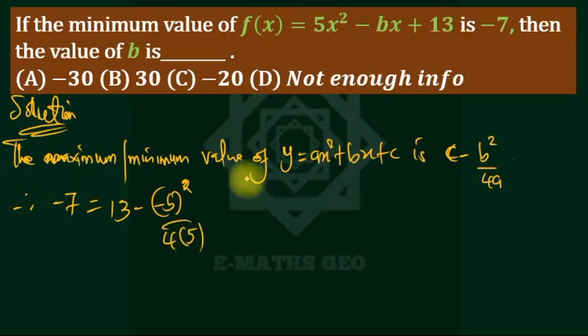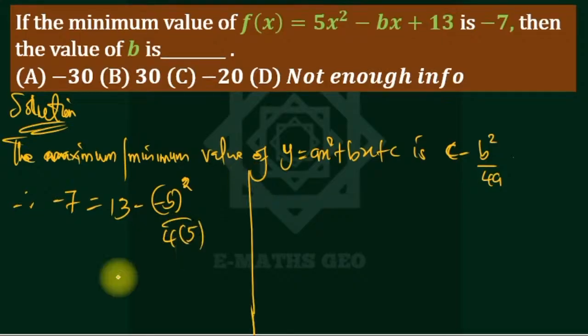So -7 equals 13 minus b squared over 20.